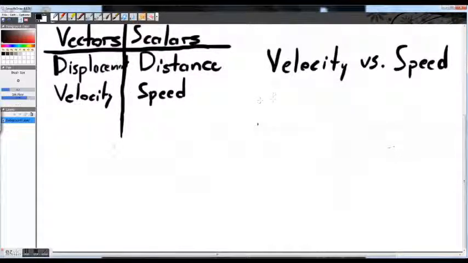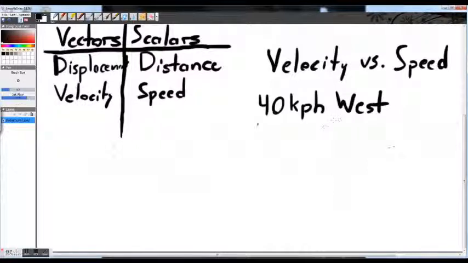So, the magnitude of the velocity, 40 kilometers per hour west, because this just means that the velocity of, let's say, for example, a car, is 40 kilometers per hour in the direction west.